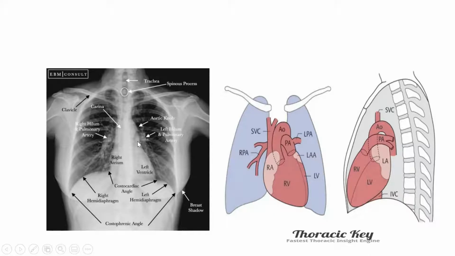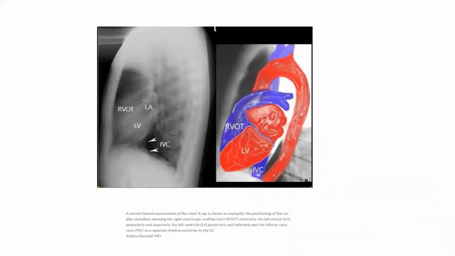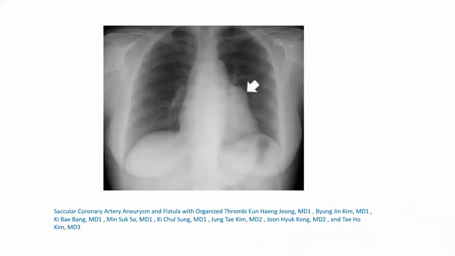As pulmonary artery dilatation. Okay? Like this one here. Or because the pulmonary artery is a bit high here, you might think of it as LA appendage dilatation. But actually, this was a case of saccular coronary aneurysm and fistula.